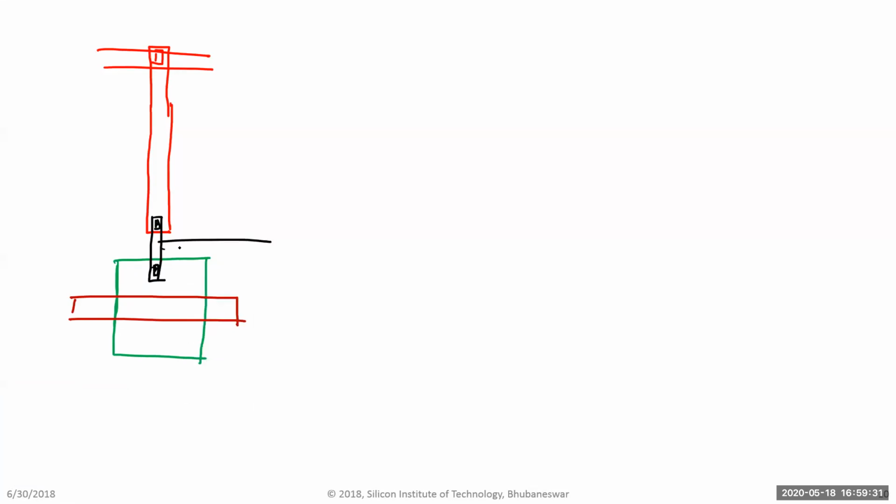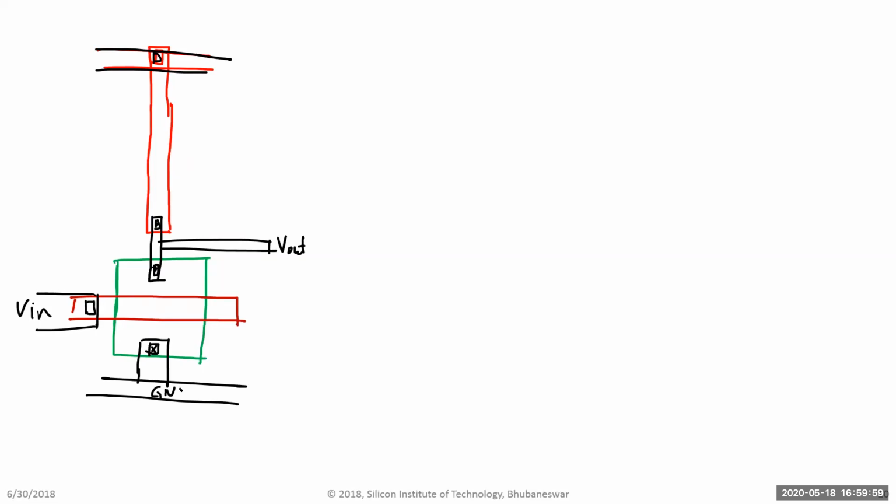This is your metal for Vout, and then you get a gate connection through another metal, let's say. That's your gate, which is Vin, and this is VDD as I said. Then you make another connection for your ground. So that's your ground rail.